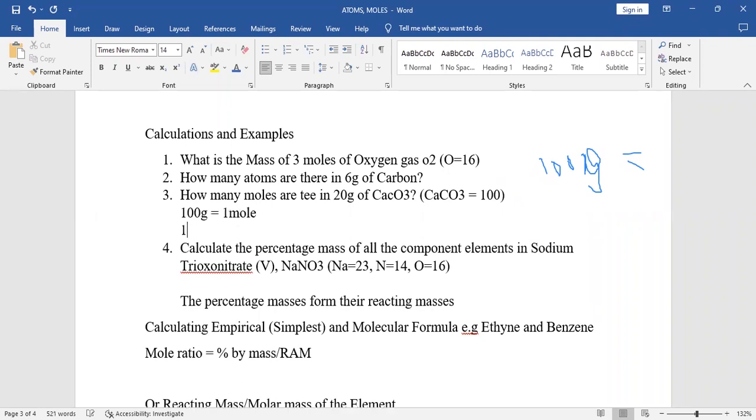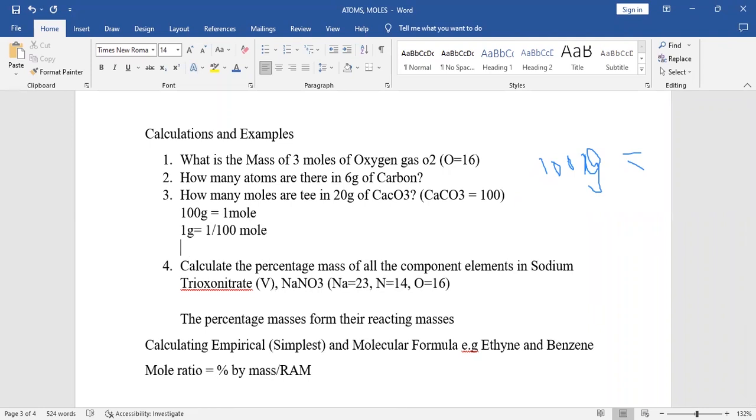So it's just maths. If you divide both sides by 100, 1 gram will be equal to 1 over 100 mole. 100 over 100 gives you 1 gram, and 1 over 100 here. So 20 grams will be equal to 1 over 100 multiplied by 20. 20 here 1, 20 here 5.